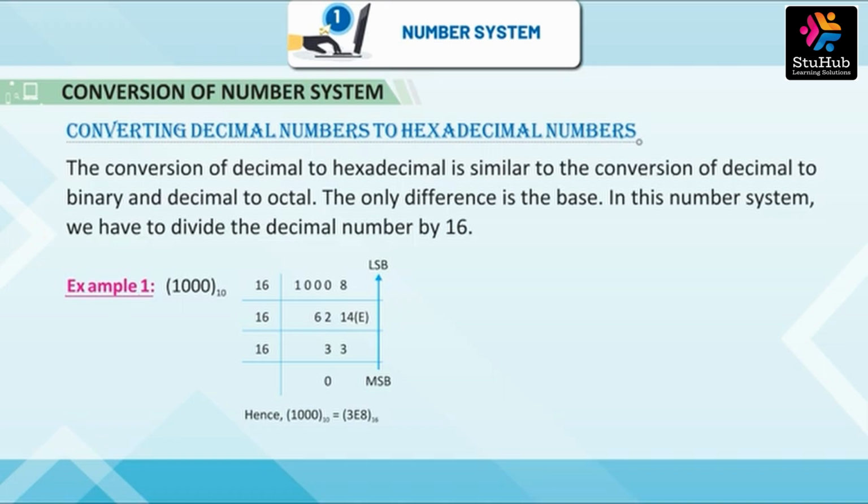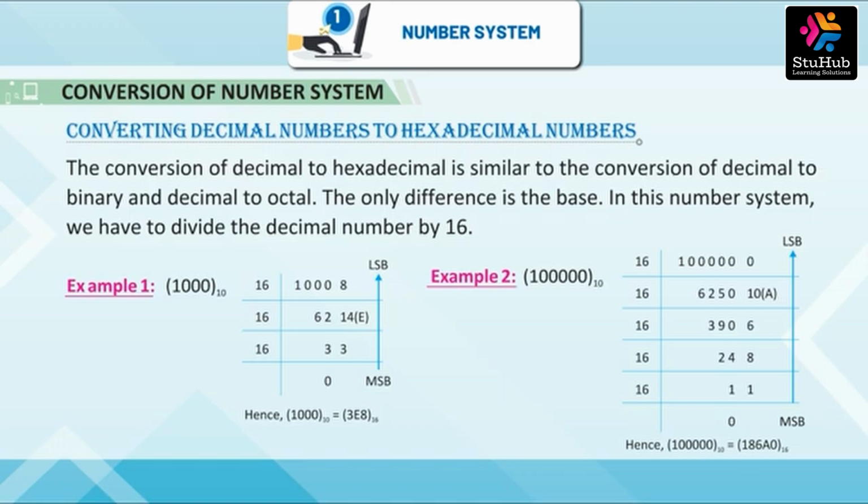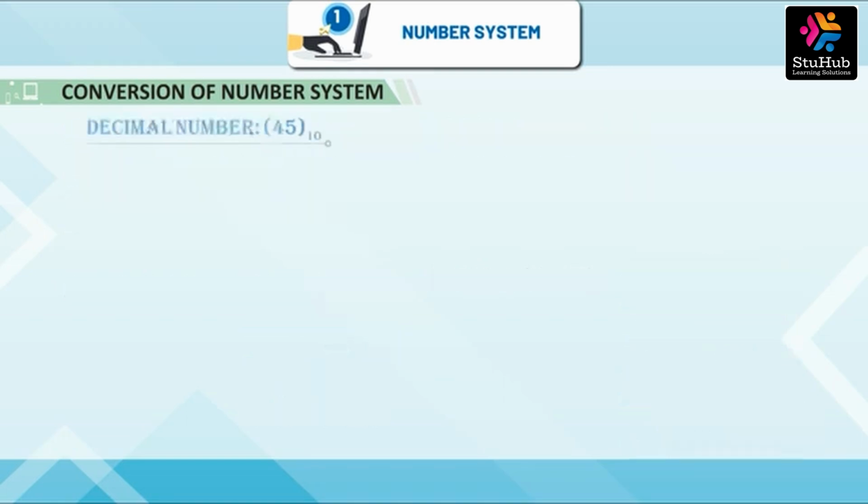Hence, 1000 with base 10 is equal to 3E8 with base 16. Example 2. 1000000 with base 10. Hence, 1000000 with base 10 is equal to F4240 with base 16.